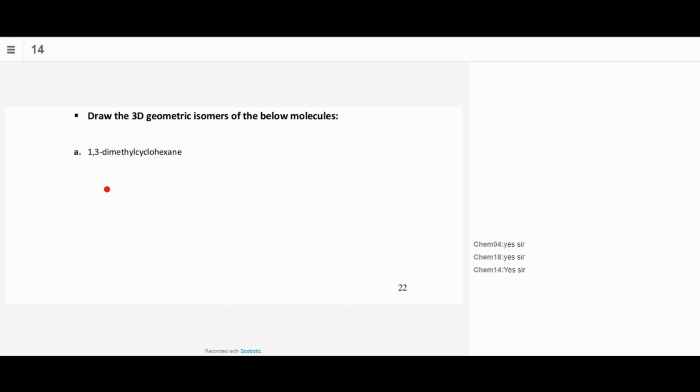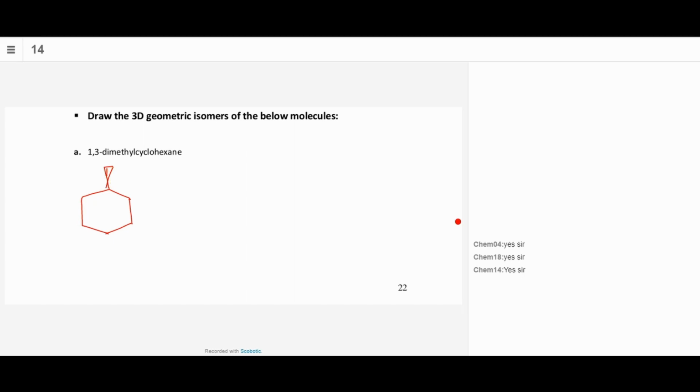So cyclohexane is like this. This is cyclohexane. So 1 and 3. The first carbon and the third carbon have the methyl group. Right, if both methyl groups are coming out, there are no atoms to show here, so I'm going to show just a triangle.